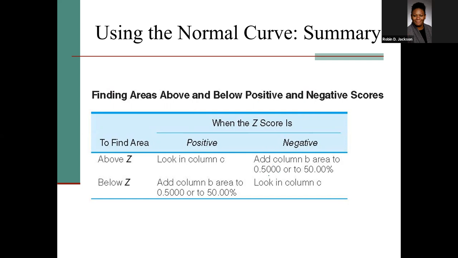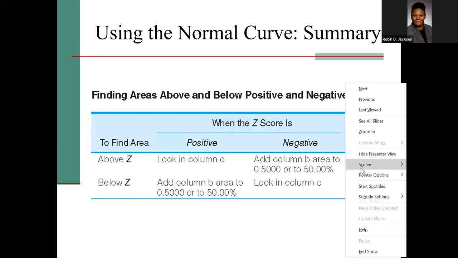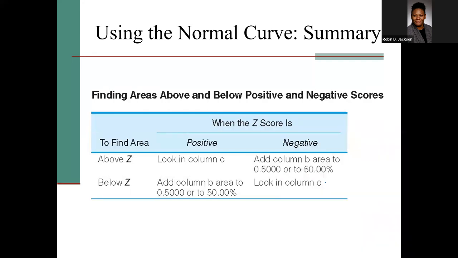Okay, one second, I was going to try to draw these out for you, but there we go. All right, so remember, area above the Z. This is the area above the Z when your Z-score is positive.